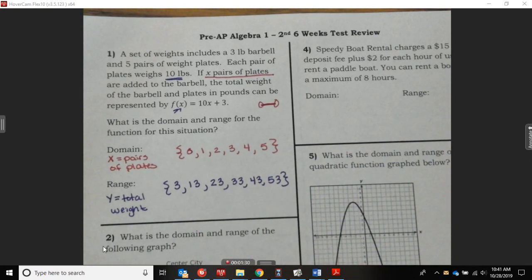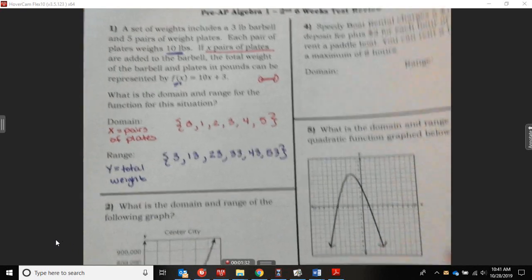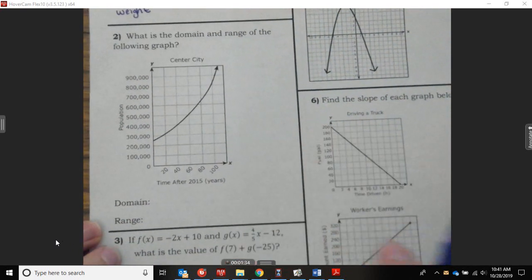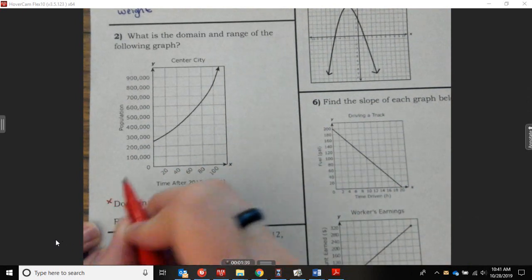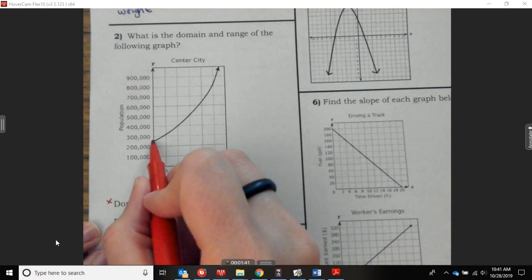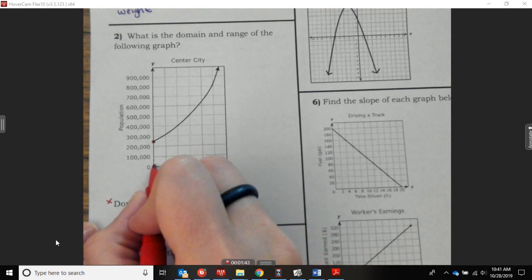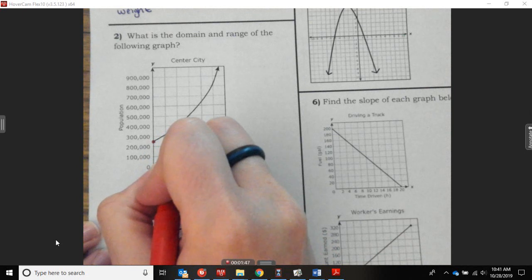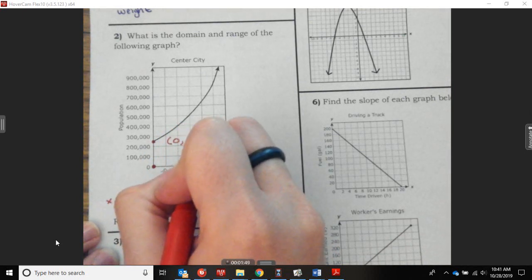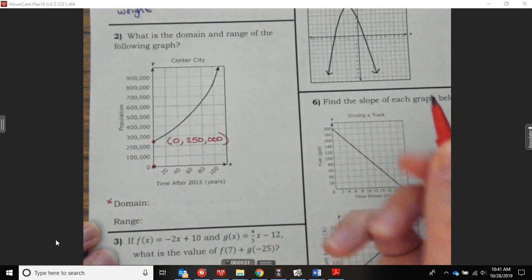All right, number 2, domain and range of the following graph. So domain is your x values, and if I look here, that point starts at 0 on the x. If I were to actually label that point, it would be (0, about 250,000).